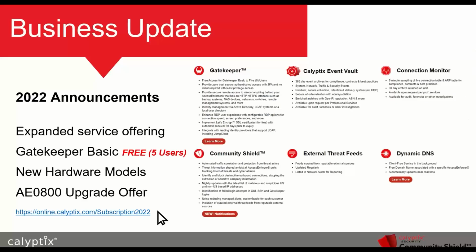So on the business side, 2022 is a big year for us. We are announcing a whole host of incremental service offerings around what we do for you as partners and customers in providing comprehensive network security.